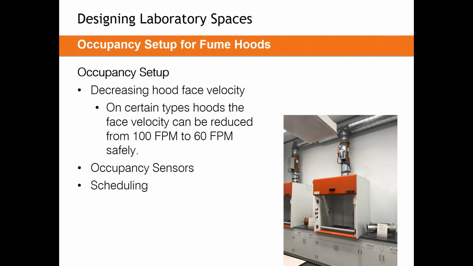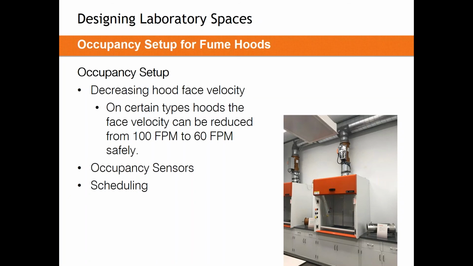The second thing to remember is we cannot reduce the face velocity when people are working in front of the fume hood. That's when we need to be at the occupied set point, usually 100 feet per minute. However, if people leave the fume hood for any amount of time and they leave it open, we may still be able to safely contain most of that, if not all of that chemical at a lower velocity.